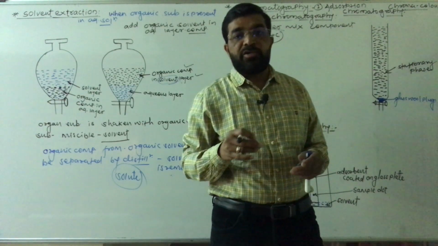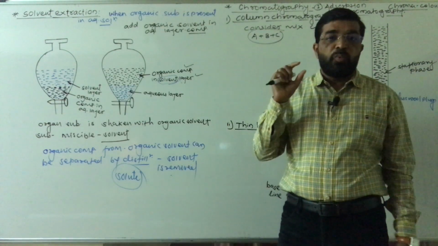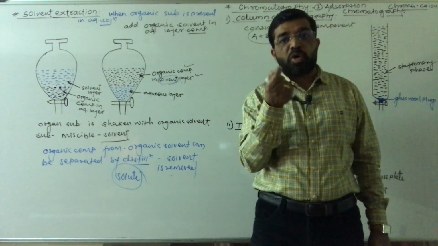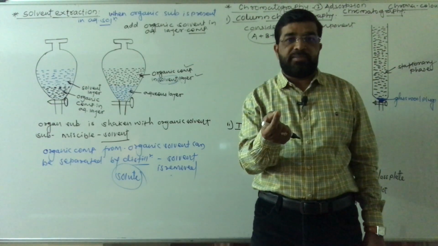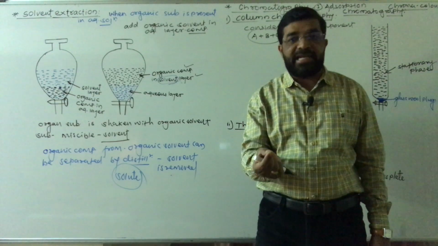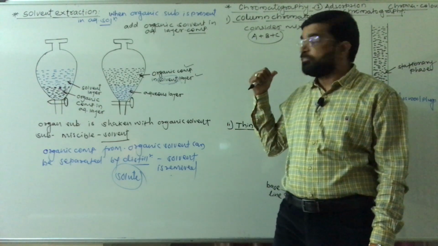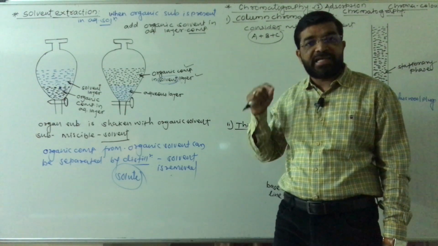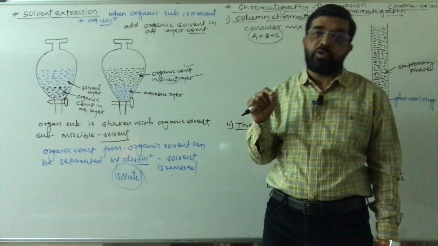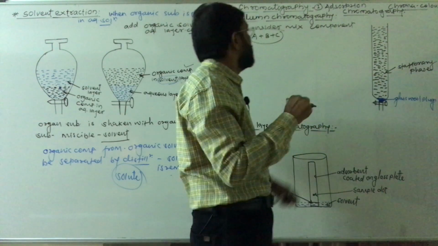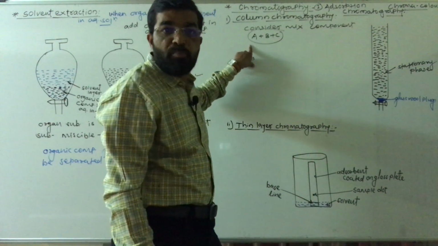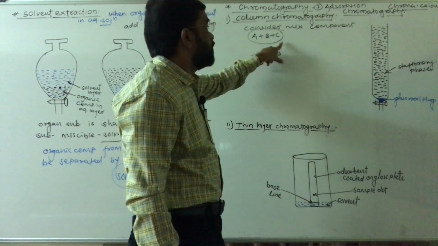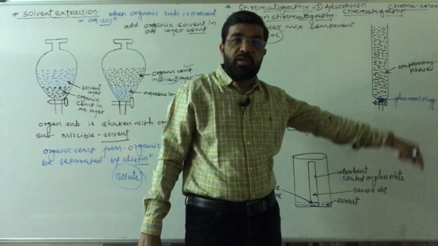One point you have to remember: when components are present in a very small amount or quantity, then at that time the chromatographic technique is used for their separation. So the mixture of components A, B and C we have to separate by this column chromatography.